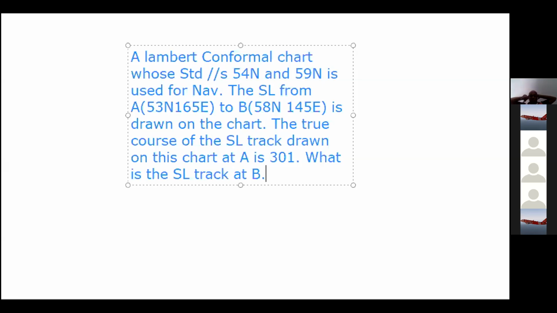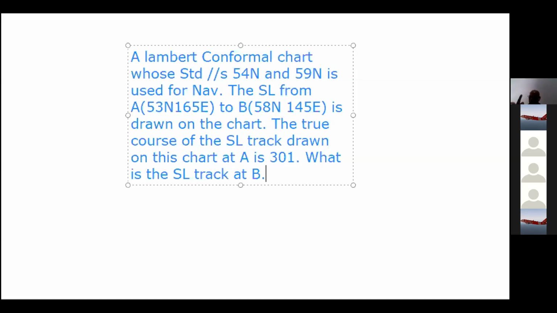Yes, correct, sir. Abdul, there's no harm in finding the parallel of origin, but sometimes it may not be necessary, because they'll tell you a Lambert conformal is between so and so standard parallel, and the constant of the cone is 0.8. When the constant of the cone is given, you don't have to bother about standard parallel or parallel of origin, because the sign of that parallel of origin is given to you.